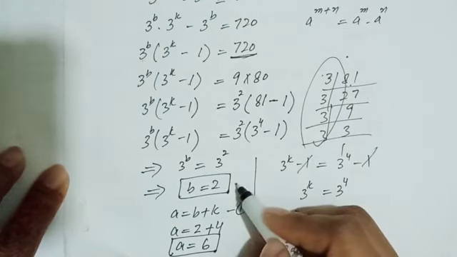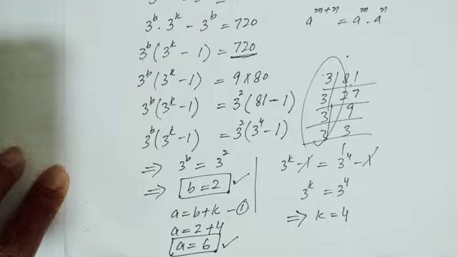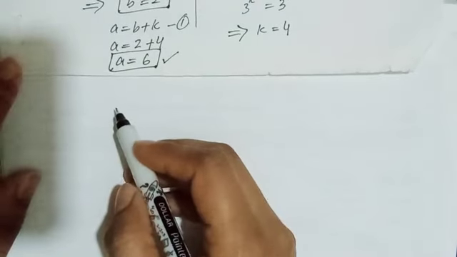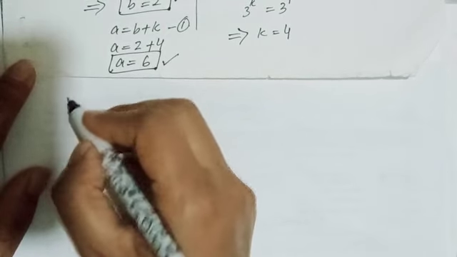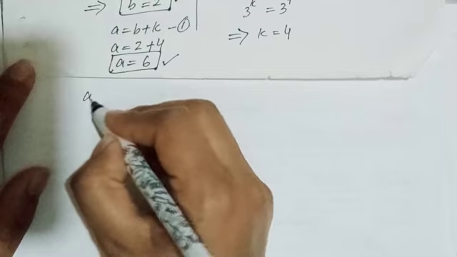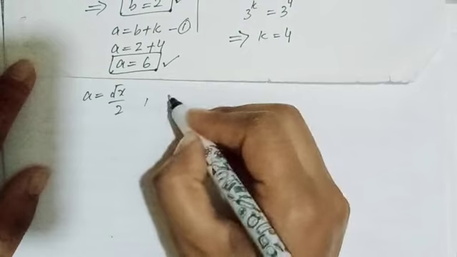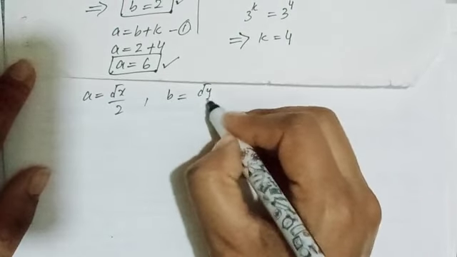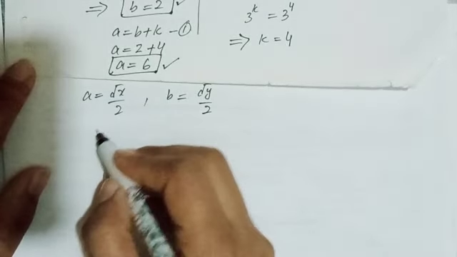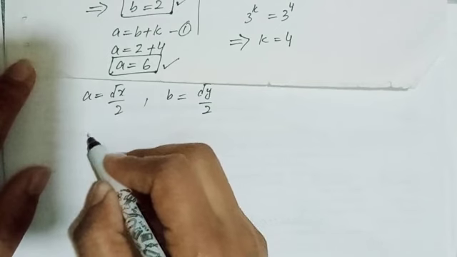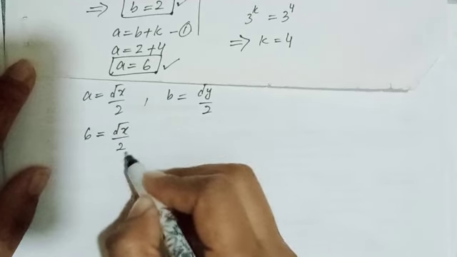So here I have to use these two values a and b. Now let's put these values a and b into the supposition. a is equal to square root x by 2 and b is equal to square root y by 2. Here I found that a is equal to 6, which is equal to square root x by 2.